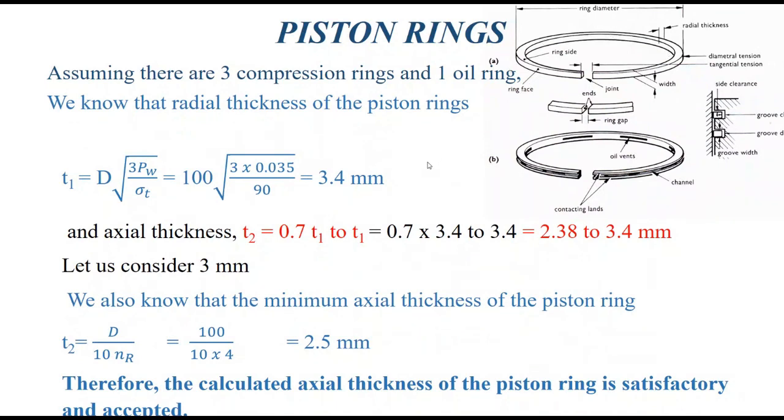So according to what we have discussed, we know that the radial thickness of piston ring t1 is given by D into square root of 3 times PW by sigma T. PW is the allowable stress on the piston wall.